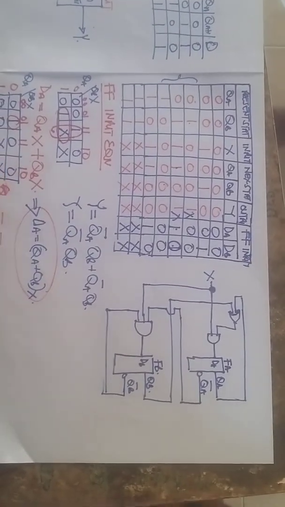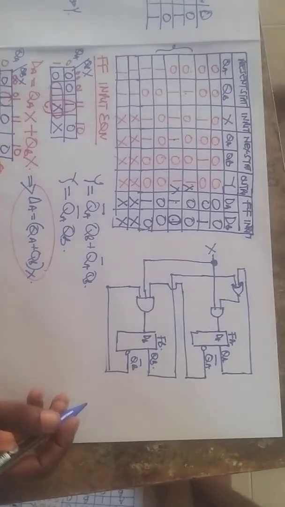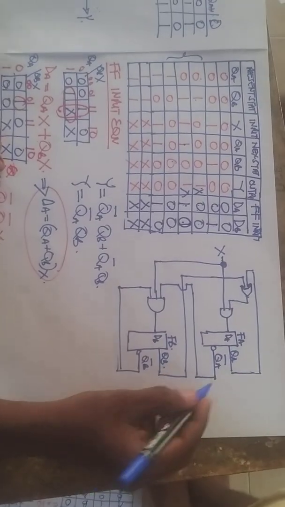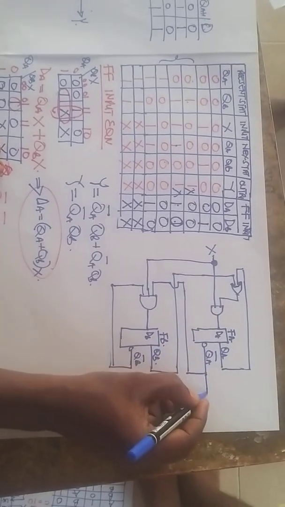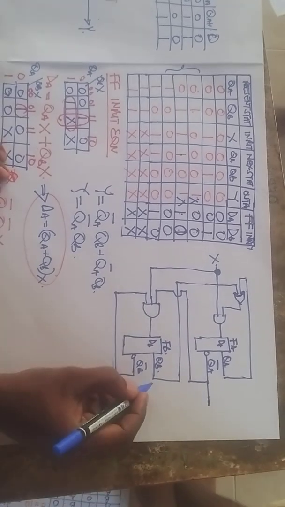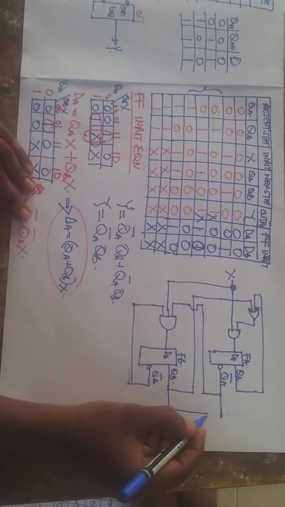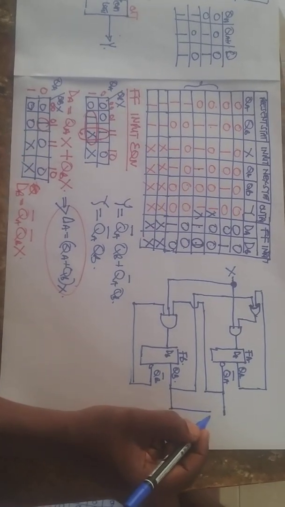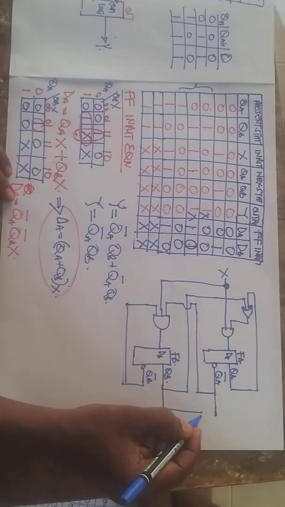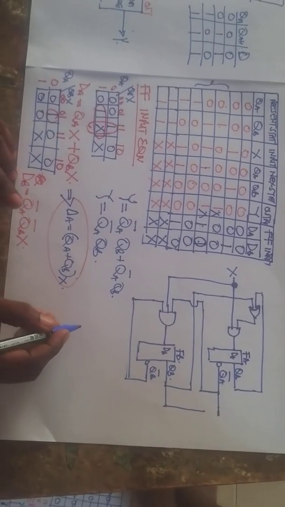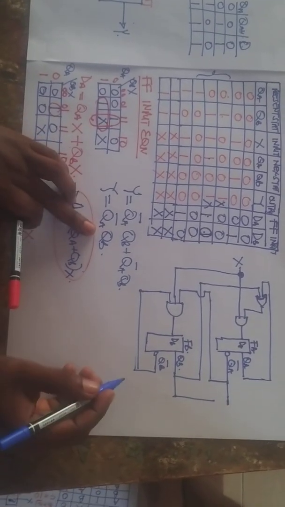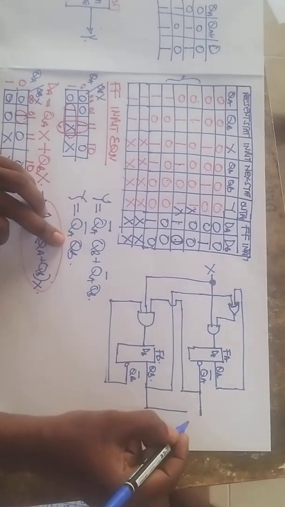Now we are left with the output QA bar QB, right? So this is my QA bar, this is my QB, and it's a QA bar QB AND gate, right?